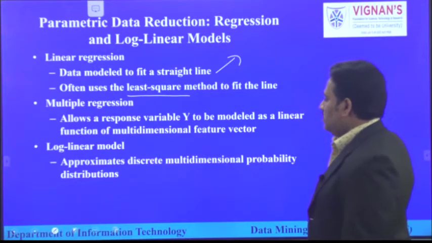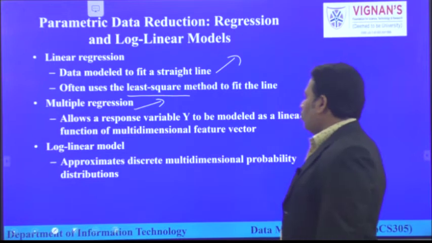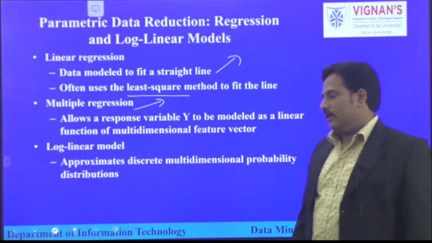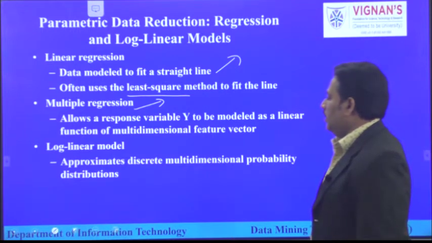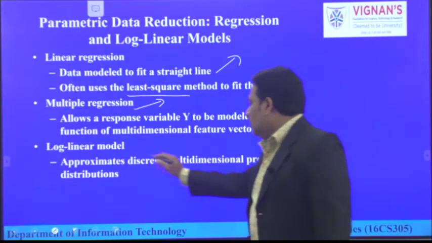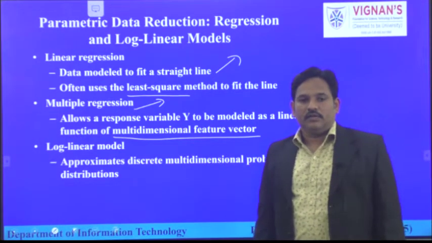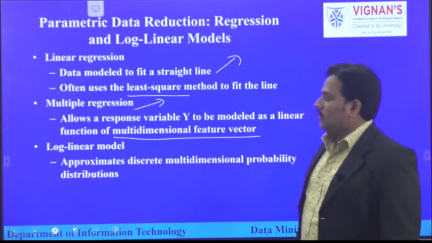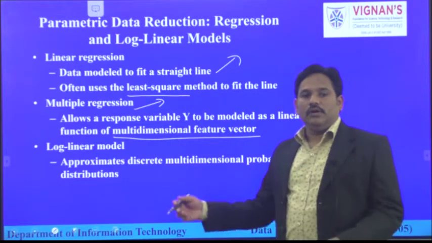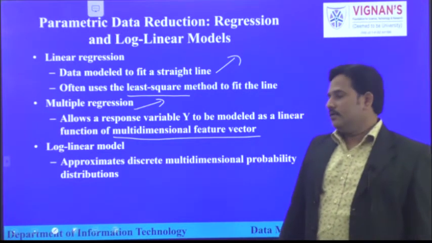And when it comes to multiple regression, we are going to apply more than one variable at the same time. That is, a response variable y is going to be modeled on a non-linear function, and we are going to derive a multi-dimensional feature vector. So when you compare this linear and multiple regression, in linear regression, the number of parameters that we are choosing is going to be limited.